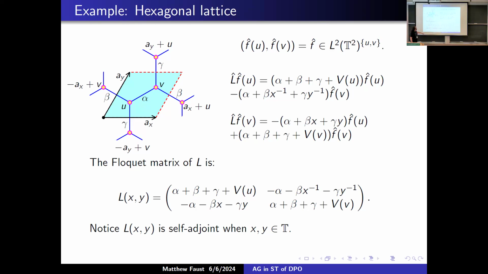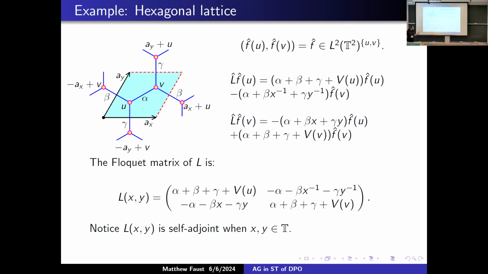We can start with this edge. We have the difference of F hat of U minus F hat of V. Then we scale that difference by alpha, so you see alpha F hat of U minus alpha F hat of V. We can go over this edge here. We again take the difference F hat of U minus, but now we have minus AX plus V. This AX gets pulled out as X inverse. So we have F hat of U minus X inverse F hat of V, and we scale that difference by beta.